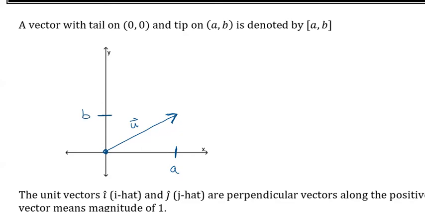The tail is at the origin, and the tip is at the point (a, b). So vector u equals [a, b]. It's a nice notation. It's so powerful. Now we have a good, clear, straightforward number system by which we can start doing the things that we do with vectors. Easy enough?